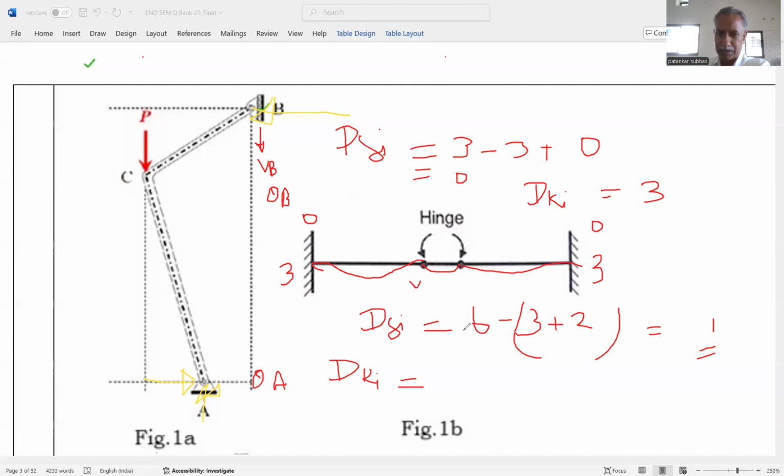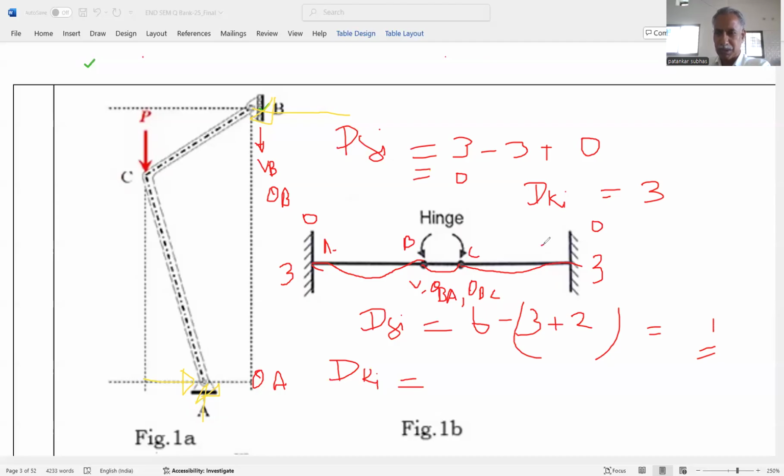So V is allowed here. Second, theta is also possible, say this is the B and this is, say, A. So theta B to A, and theta B to C. That means this is the support C, this is support D.